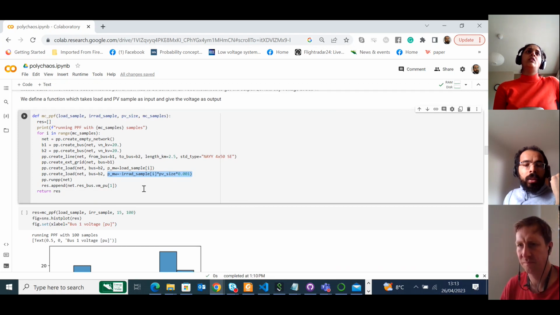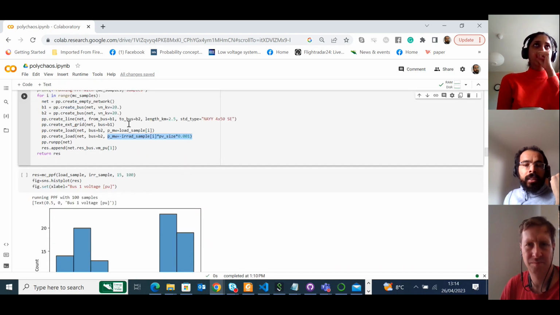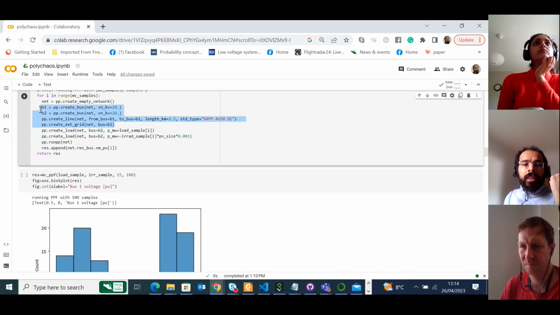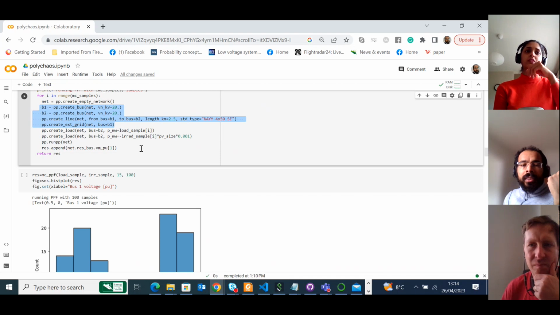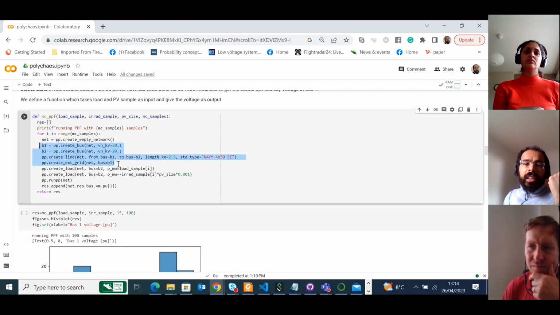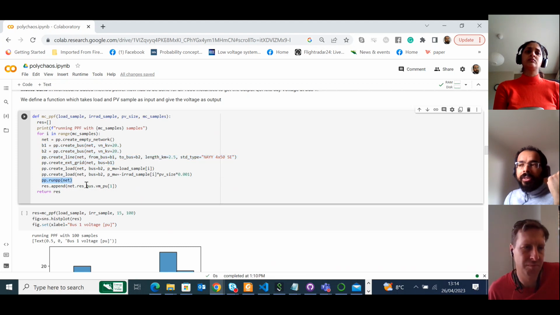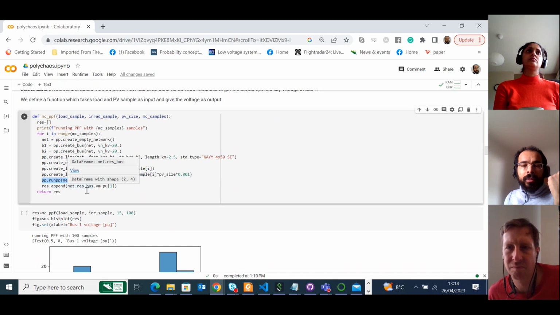Basically, these things can be done outside the loop, but in pandapower I don't know how to do it, so that you only change the load and don't need to create the network again and again. But yeah, this network creation part is not the time-consuming one, as you have already seen before. This pp.runpp is the one which is consuming a lot of time.